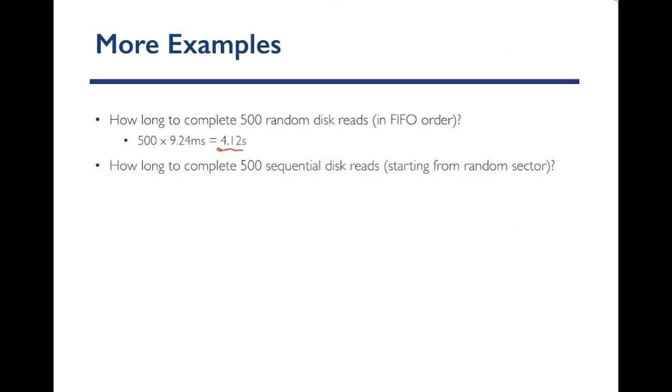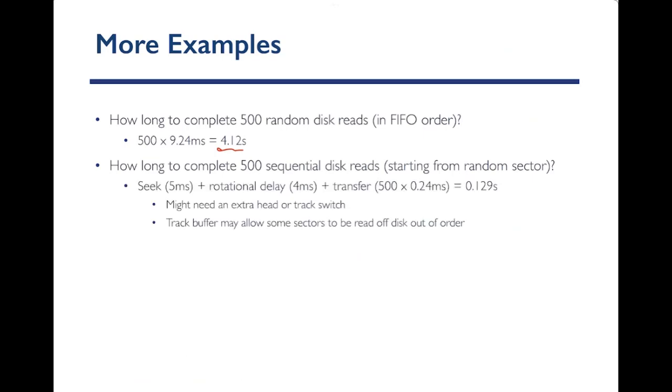So now you can actually look at 500 sequential disk reads. So for the first one, you are going to pay the seek time and the rotation time, but then all the rest of the requests, you are only going to pay for the transfer. So one seek time, one rotation time, and then from then on, you're only paying the transfer time.